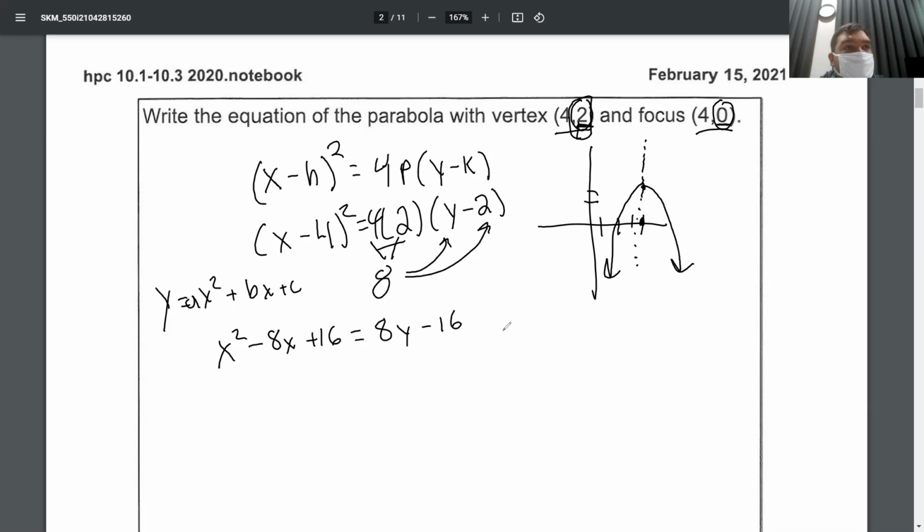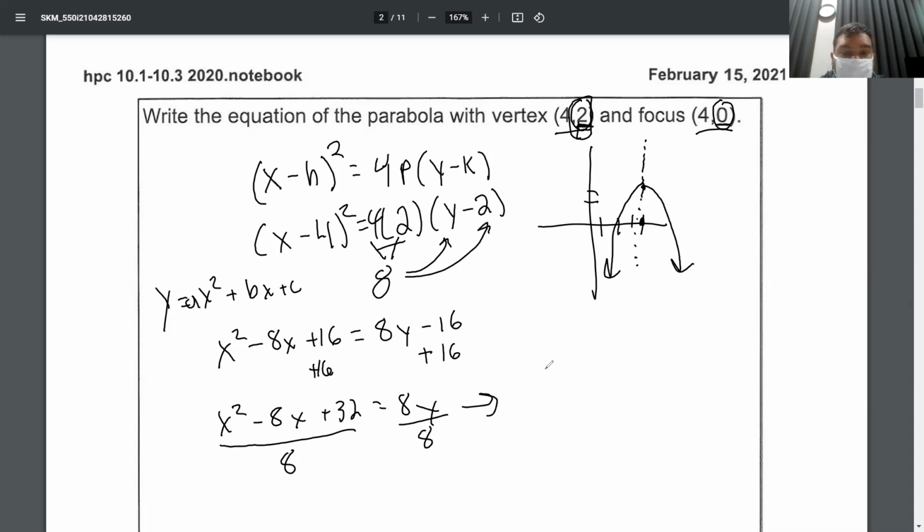All right, so we're going to get the 16 by itself: x squared minus 8x plus 32 equals 8y. Then we're going to divide by 8 on everything because we want to get y by itself. So 1/8 x squared minus x plus 32 divided by 8, which is 4, equals y.